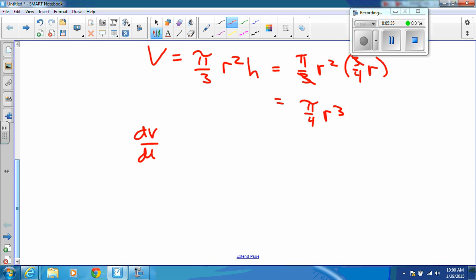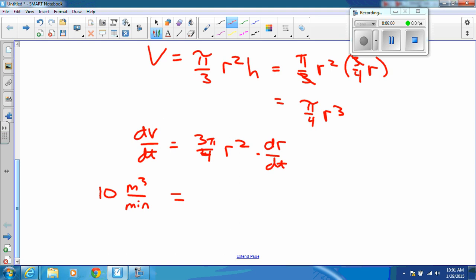So that dV/dt is equal to now (3/4)π r² times the derivative of the inside, dr/dt. And now that I have differentiated, I am ready to plug in values.